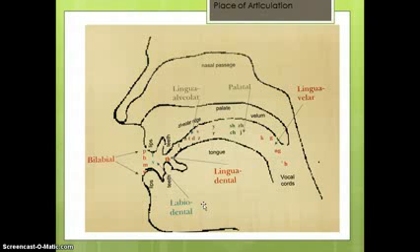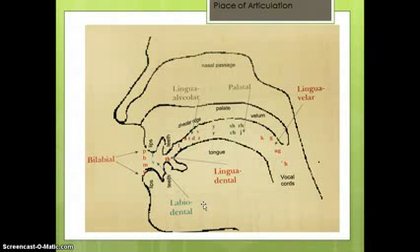Now some people will say, wait a minute, T and D make sense because I can feel my tongue touching the alveolar ridge. But what about the sing and zing? Well, remember, it's not necessarily that one part of the oral structure touches the other, it's that that's the place where the constriction of air happens.